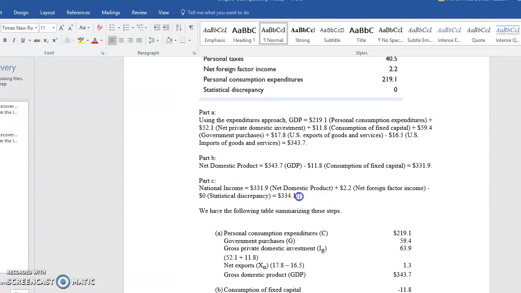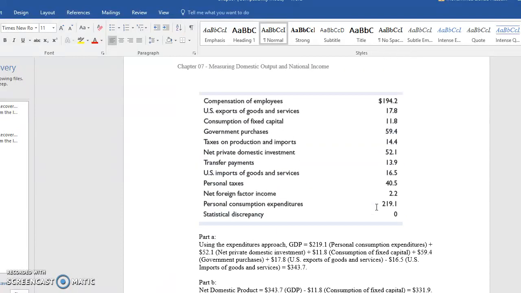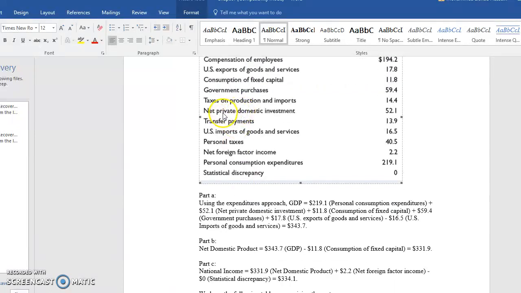What about part C? Part C is national income. National income is net domestic product, and then we have to make several adjustments. One is that we have to add net foreign factor income, which is 2.2, minus statistical discrepancy, which is 0. If you go to the table, you'll find these values: statistical discrepancy is 0, and net foreign factor income is 2.2.